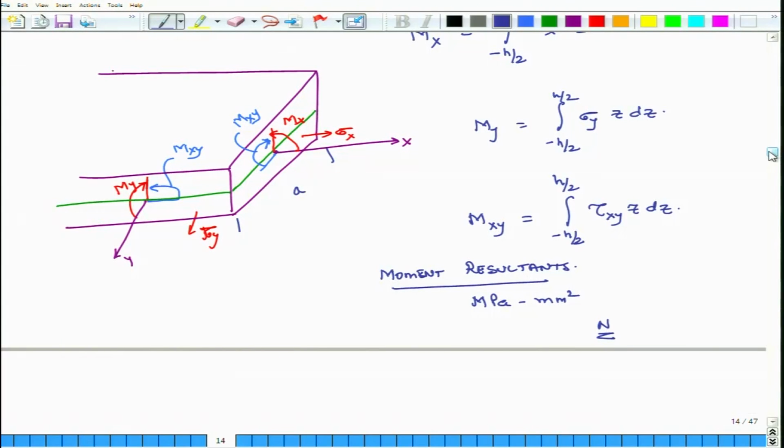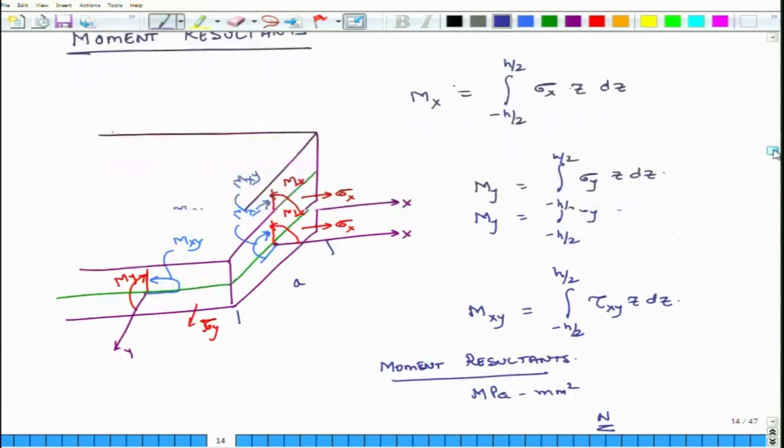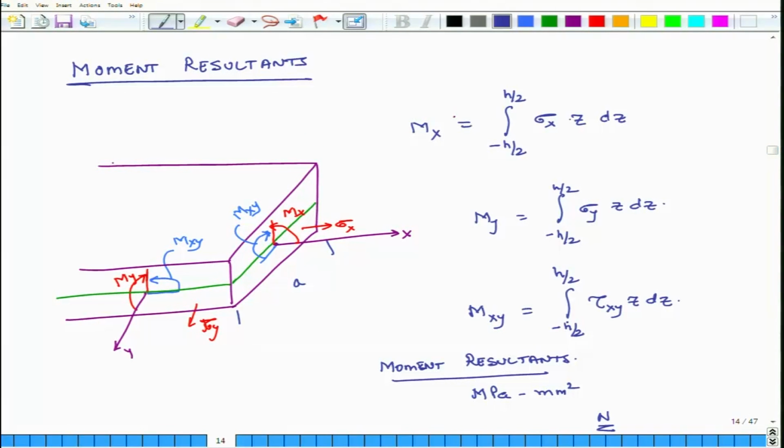Okay. So, next we will calculate mx, my, mxy, nx, ny, nxy. We already know how the stresses sigma x, sigma y, tau xy are related to strains.